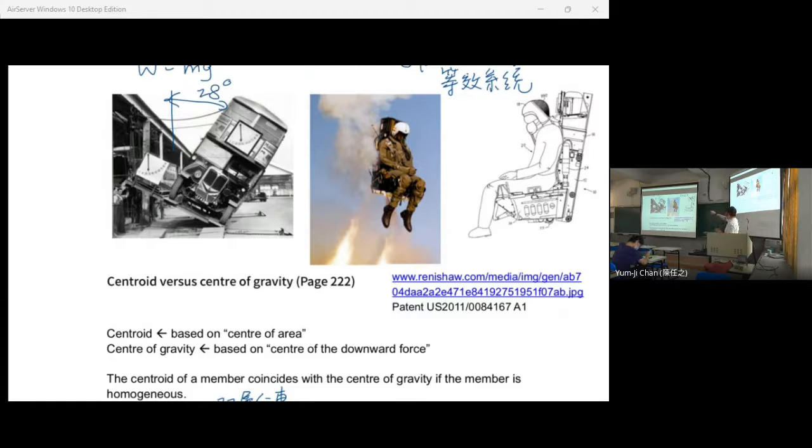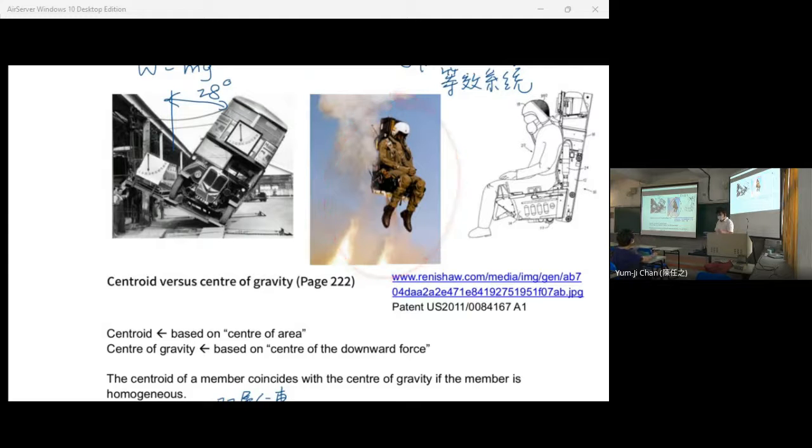And on the right, what do we call this? Have you seen this?